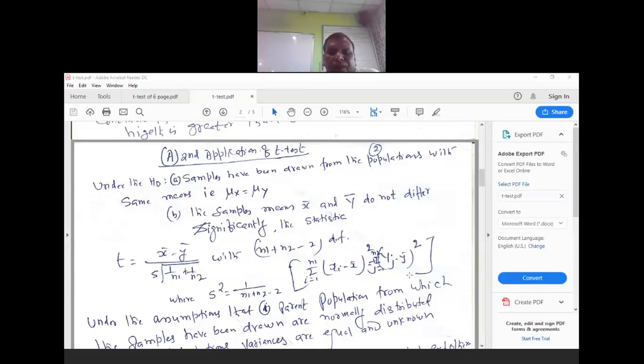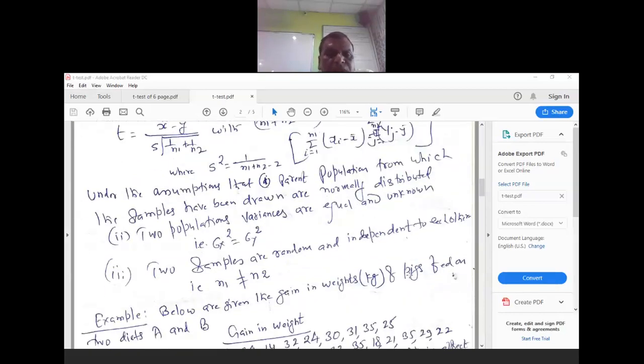And s square is equal to 1 upon n1 plus n2 minus 2, times the bracket summation of xi minus x bar whole square plus summation of yj minus y bar whole square. Remember, to apply this statistic there are some assumptions. The first assumption is that the parent populations from which the samples are drawn should be normal.